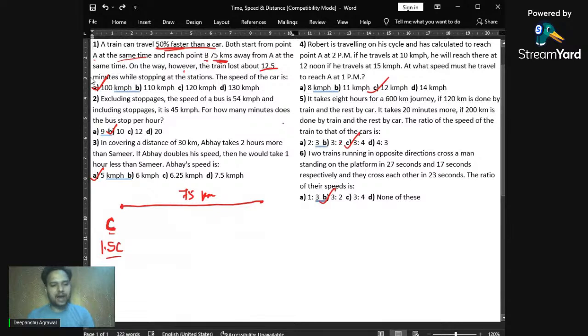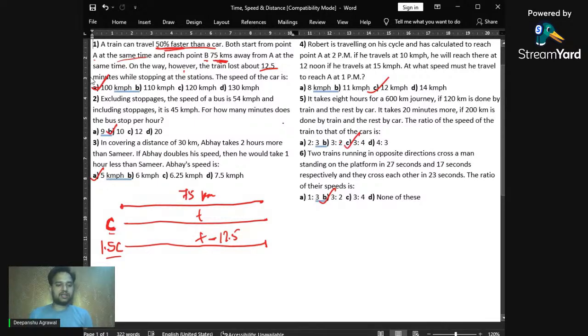That means that the car has taken, suppose, t time to reach here. So the train has also taken t time to reach here, but the traveling time of the train is t minus 12.5 minutes, because for those 12.5 minutes the train has actually stopped somewhere.